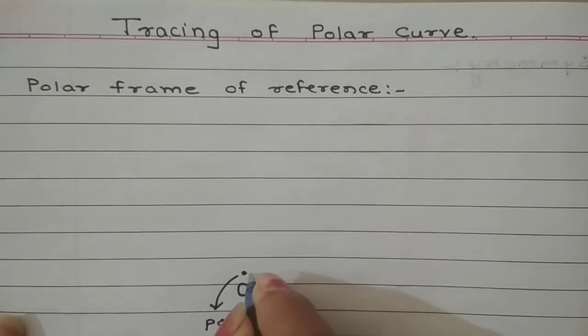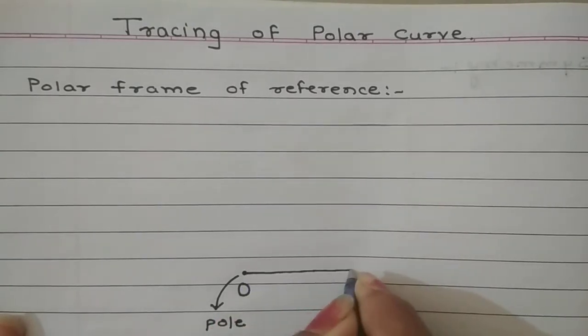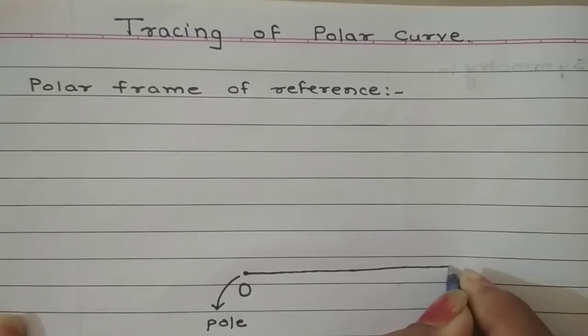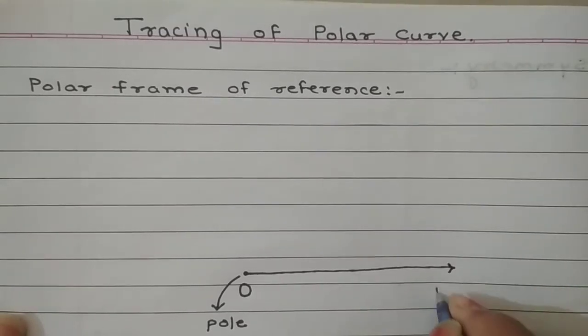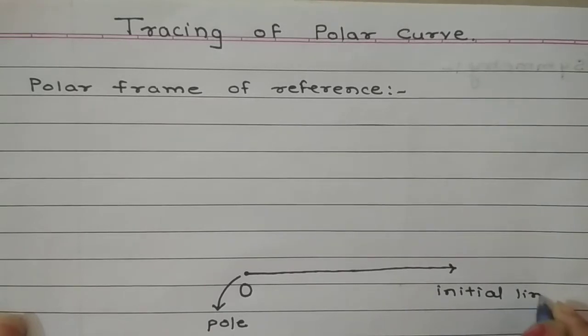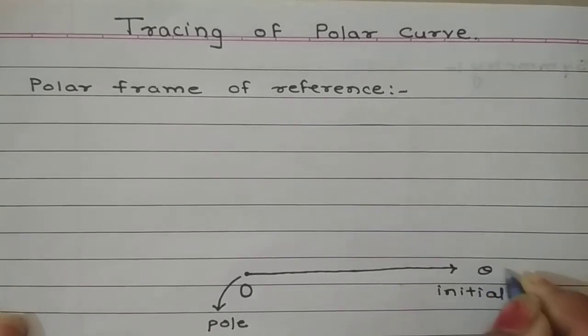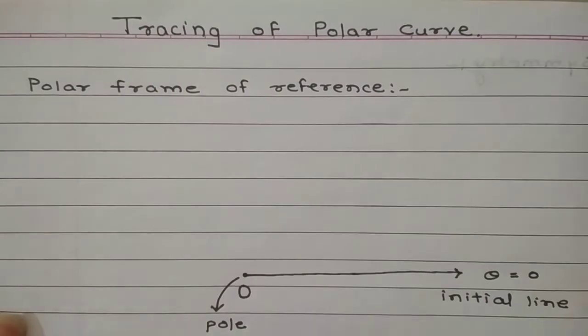The horizontal line passing through the pole is our initial line, whose equation is theta equal to 0.